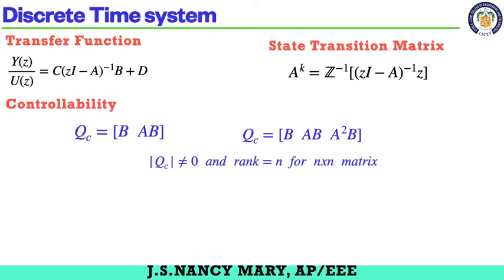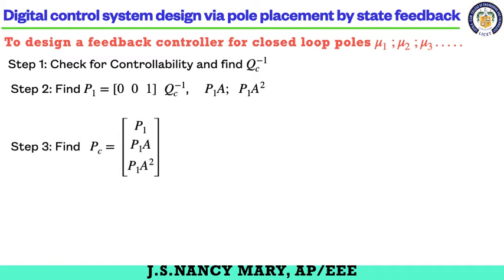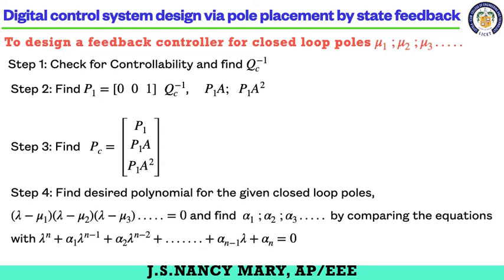Now we are going to see how to design a feedback controller if a closed loop is given. So step 1, you need to check for the controllability and find QC inverse. Step 2, you need to find out P1 using this formula. Step 3, find out PC. And step 4, rearrange the closed loop poles equation in this format such that you can compare it and find out alpha 1, alpha 2 and alpha 3.